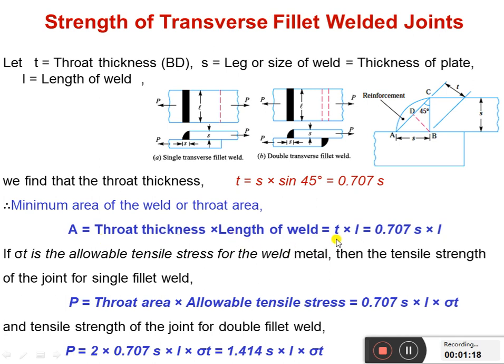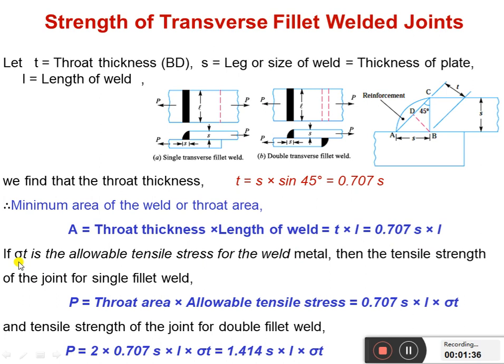Thickness is T and the length of the weld is L. Already we found the T value, that is 0.707 into S, so 0.707 into S into L. That is the throat area.